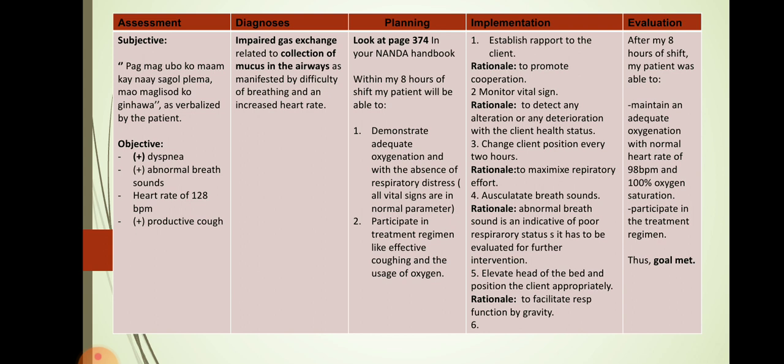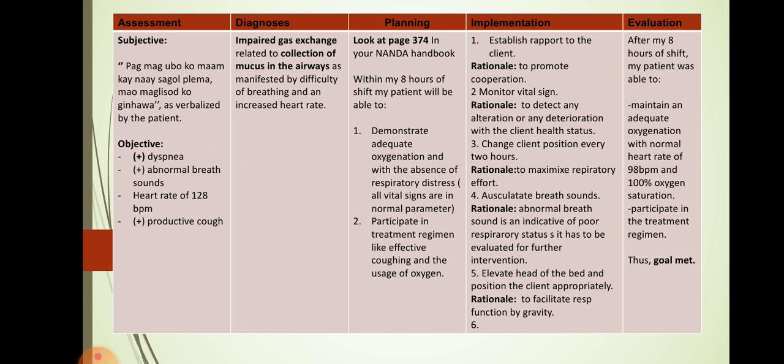So based on the assessment that you have gathered, you derive a nursing diagnosis of impaired gas exchange related to collection of mucus in the airways. And don't worry, guys, as I've told you, you will find this diagnosis in your NANDA.